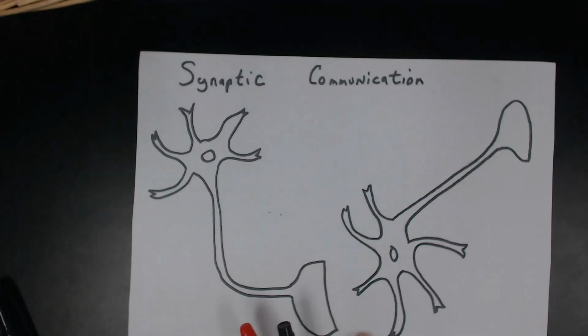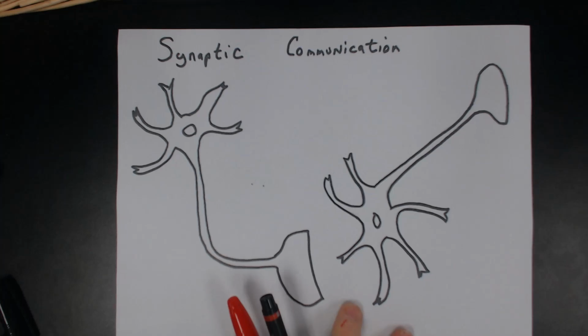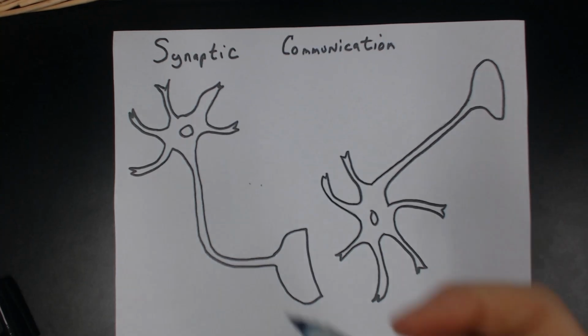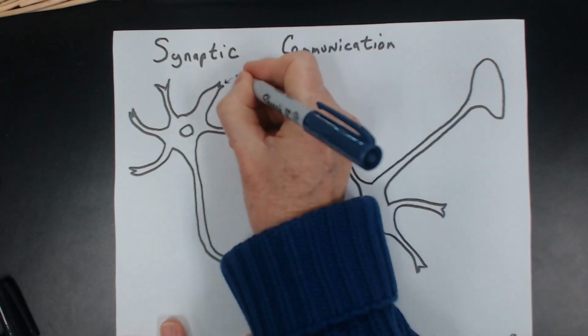Let's look at this next one. It's called synaptic communication. Here, hopefully you'll see a little bit more clearly what I was trying to show before. Kind of the same picture as when we look at parts of the neuron. So we can just go ahead and quickly label this part up here. What's this called? Dendrite.